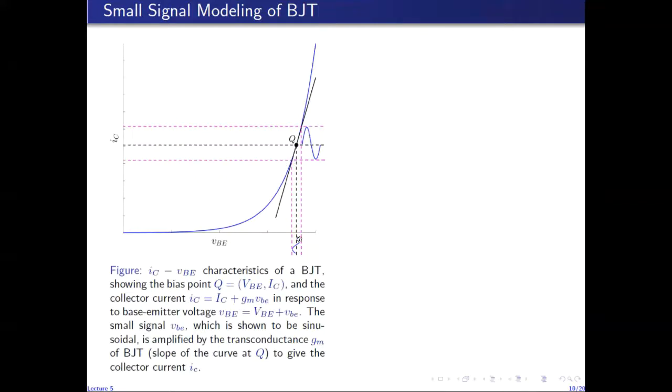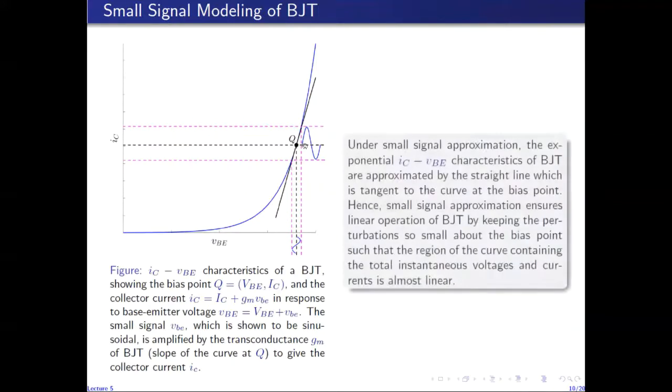So the two signals are still small because they restrict the operation of the transistor to within this region of the curve, which can be very well approximated by the straight line tangent to the bias point.